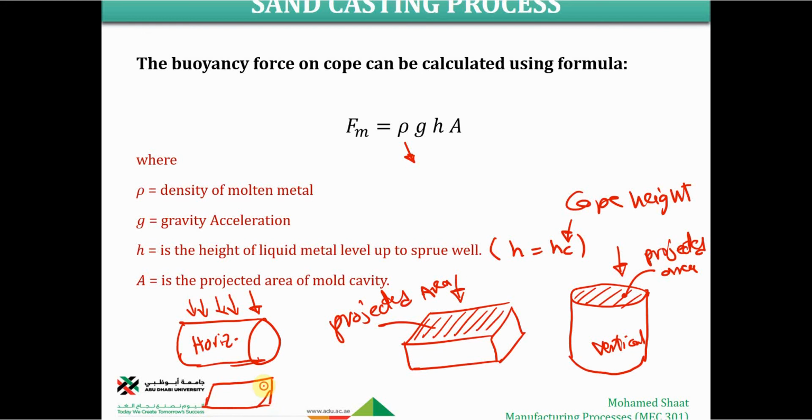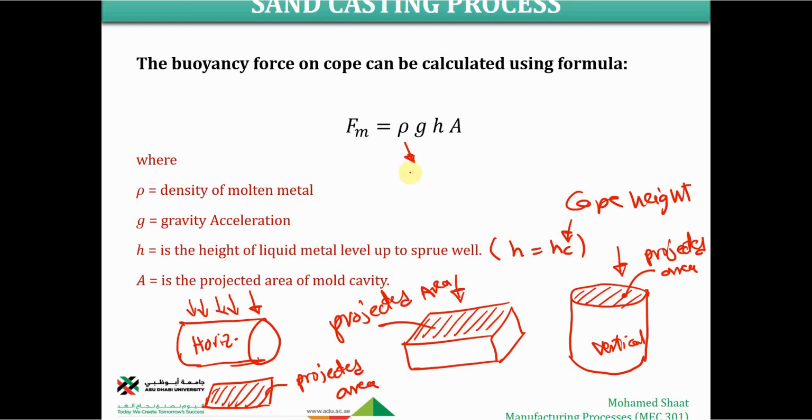If I ask you to draw a projection of this cylinder, it will be represented as a rectangular area. This is the projected area, in case the cylinder is cast horizontally. We're going to discuss this in more detail, especially when we consider examples of this method.